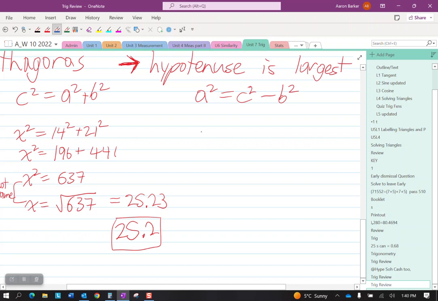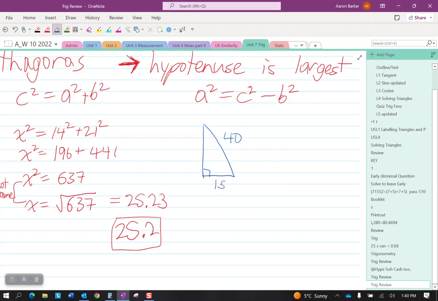Next one. We're trying to find a leg. This is the last one here, guys, okay? Oh, man, I can't write a straight line. Let's say this is 40, and this is 15.